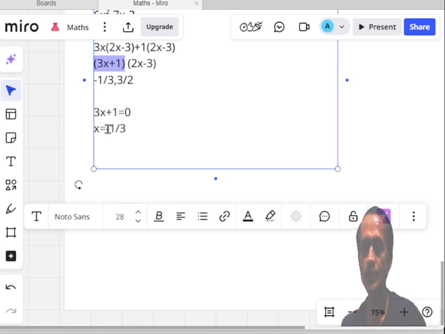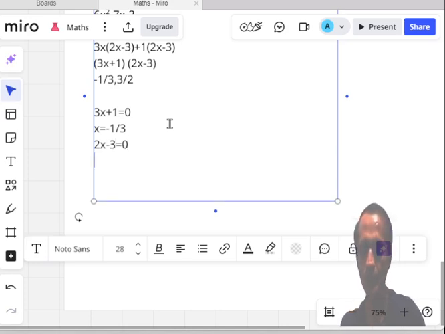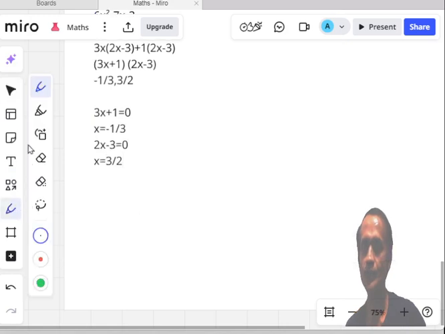So if 3x plus 1 is equal to 0, then x is equal to minus 1 by 3. That is one zero. We can also get 0 of the quadratic equation if 2x minus 3 is 0. So if 2x minus 3 is equal to 0, that means x is equal to 3 by 2. So this is how we found the two zeros, minus 1 by 3 and 3 by 2.